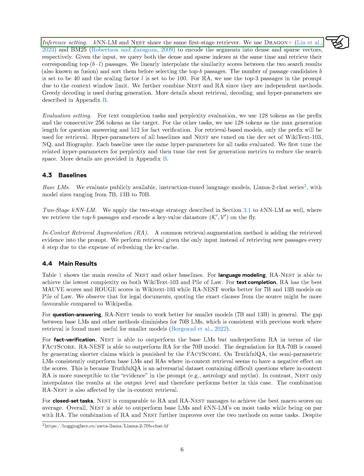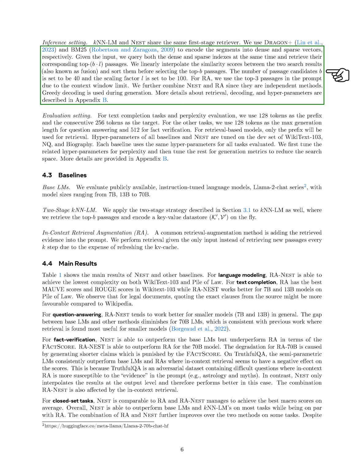In the inference setting, both kNN-LM and NEST share a retriever in the first stage. We encode segments using DRAGON+ and BM25 into dense and sparse vectors, respectively. By querying both indexes simultaneously, we retrieve top passages and combine similarity scores before selecting the final passages.